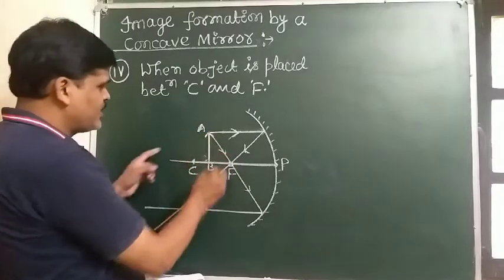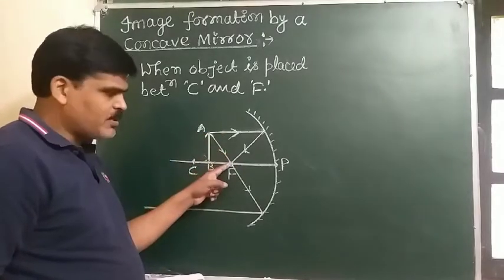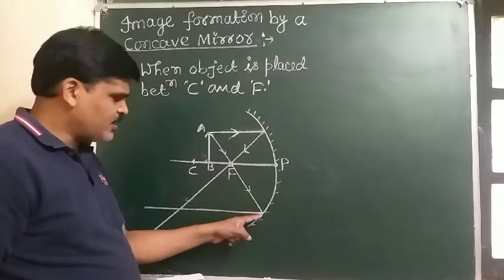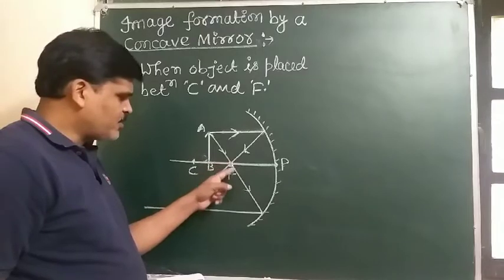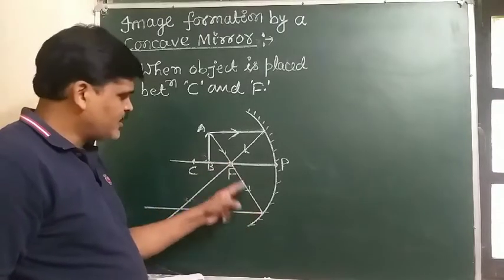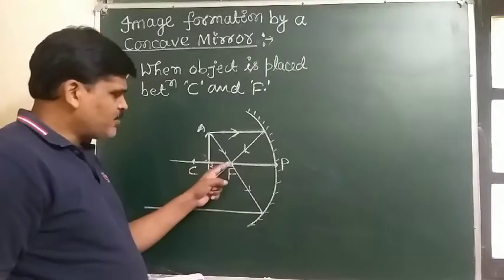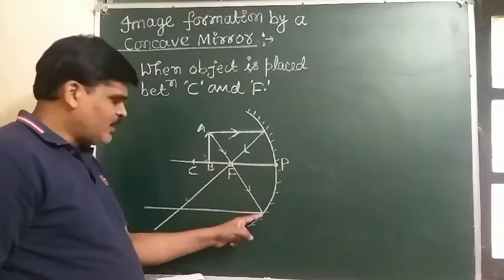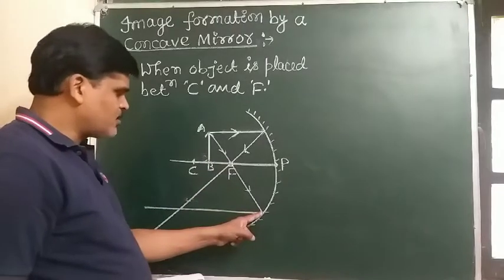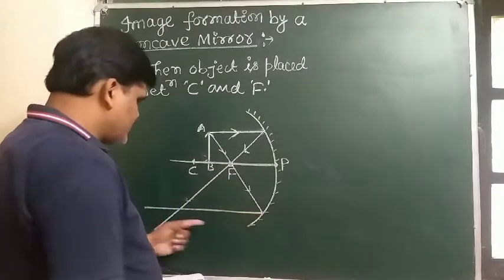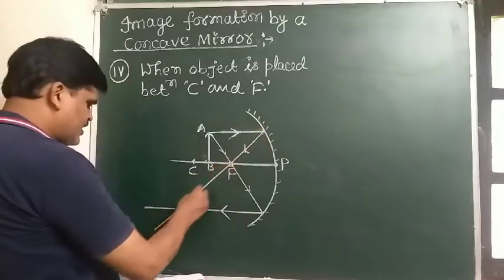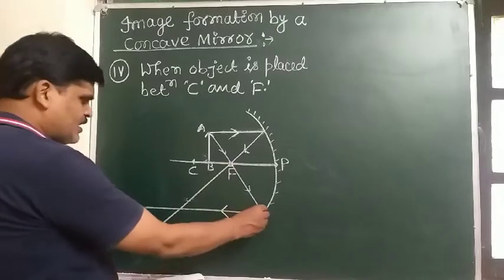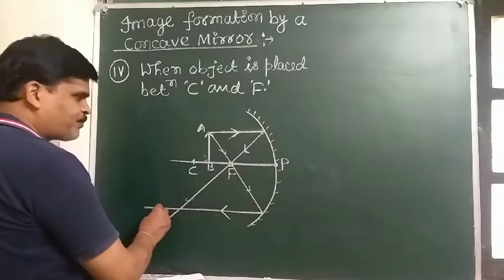Another ray, coming from the focus and striking the concave mirror, after reflection becomes parallel. So this is a reflected ray, and this is also a reflected ray.